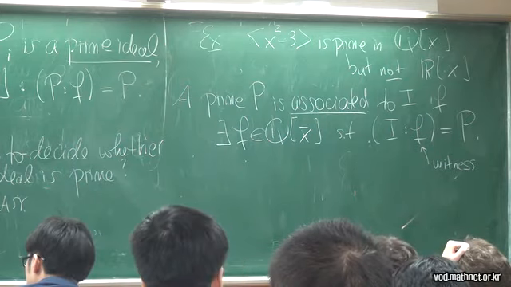Okay? So in the polynomial ring in one variable, x to the fourth minus x squared generates some ideal. So I claim this ideal has three associated prime ideals. Okay? So the prime ideals that are associated are x minus 1, x plus 1, and x.